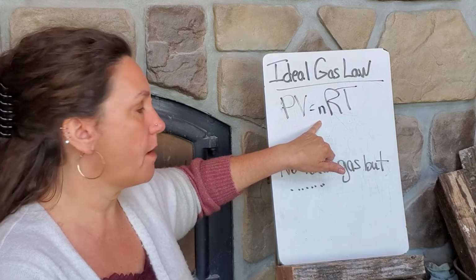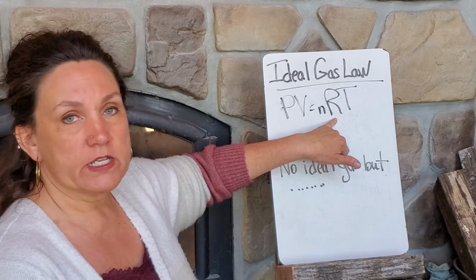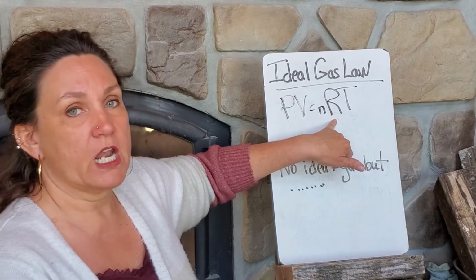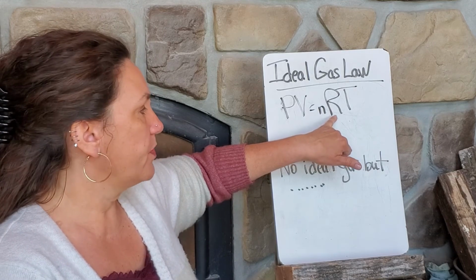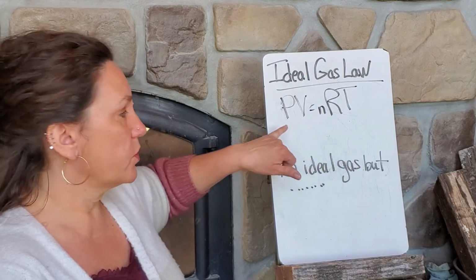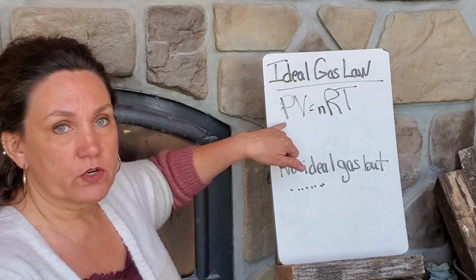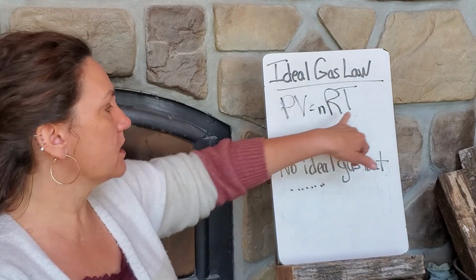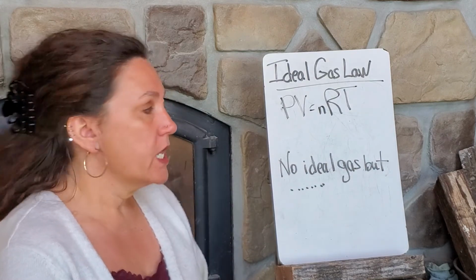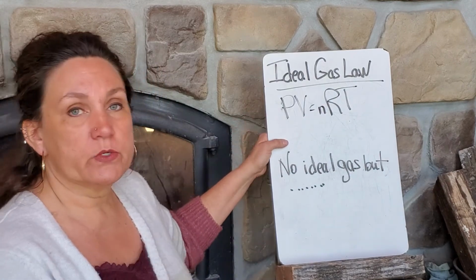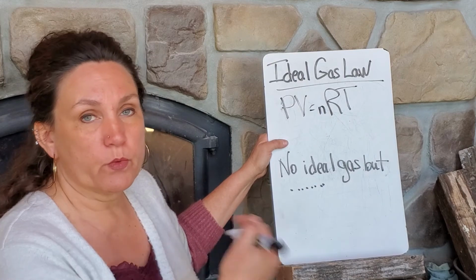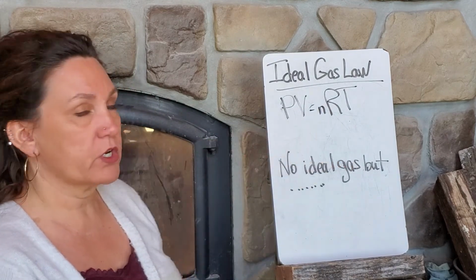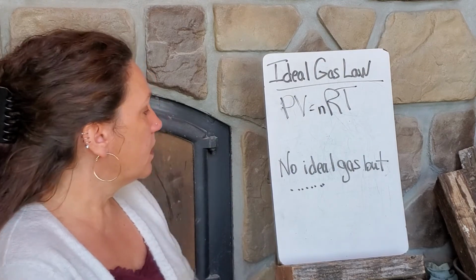So we have to convert amount to moles. R is a constant, a number that you would have been given and asked to remember. The R value is different if you're using atmospheres for your pressure or if you're using kilopascals, and then T for temperature in Kelvin. So we're not going to do any calculations with this, but we would have, and we would have done a lab where we would have actually experimentally figured out the value of R.